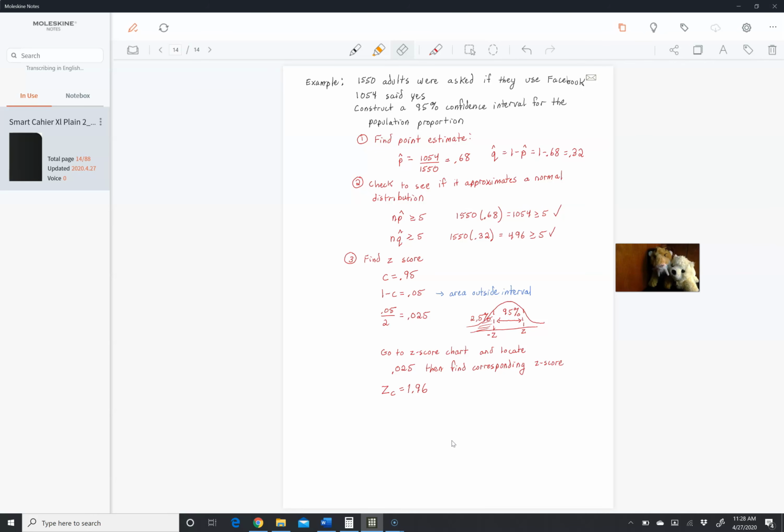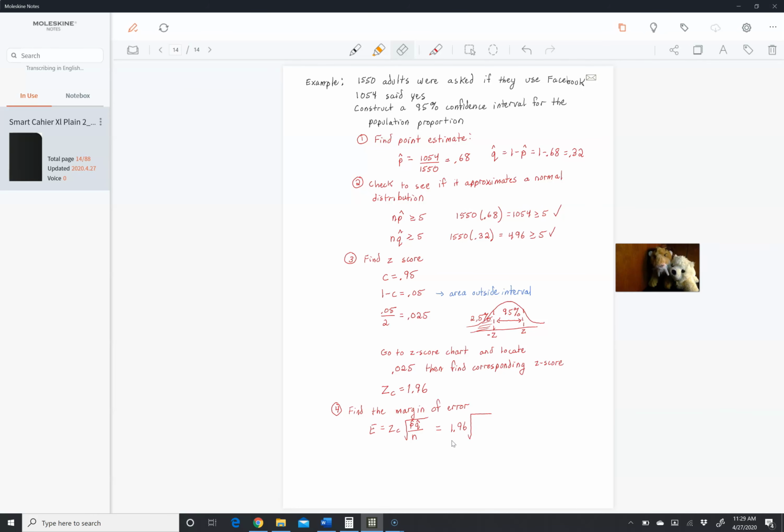So what do we do with this? We find the margin of error. From before, E is equal to the z-score times the square root of p hat q hat over n. So this is 1.96 times the square root.